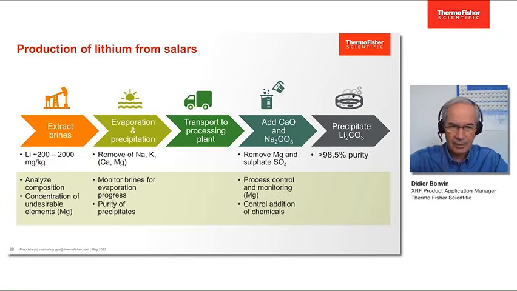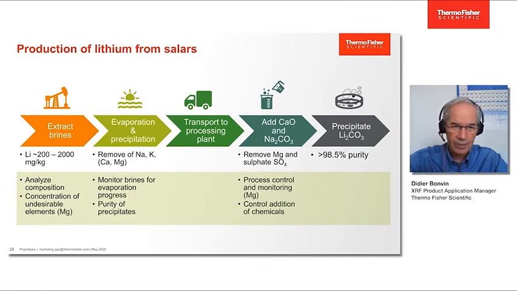Using calcium and magnesium to remove sodium, potassium. And then transport to the processing plant. Add some calcium oxide and sodium carbonate to remove the magnesium and sulfate. And then we get to a precipitate of lithium carbonate with purity higher than 98.5%.